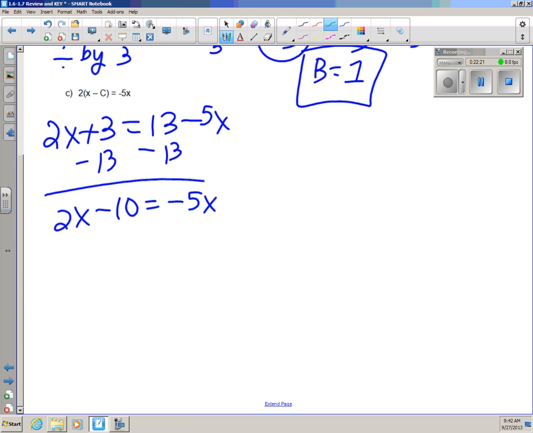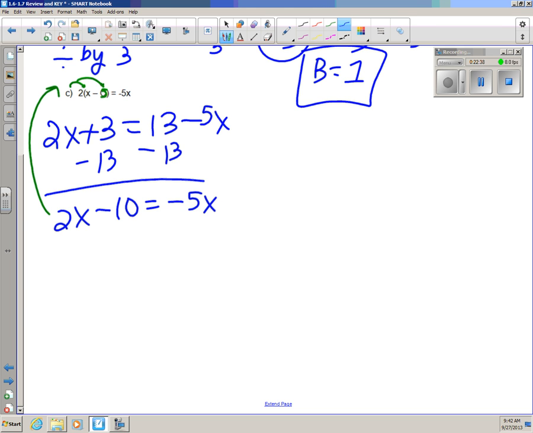That looks very similar to this, except there is something in the parentheses where the C is. Well, to get rid of the parentheses, you have to distribute. What can I multiply by 2 to get 10? And you know what? It'd have to be a 5.